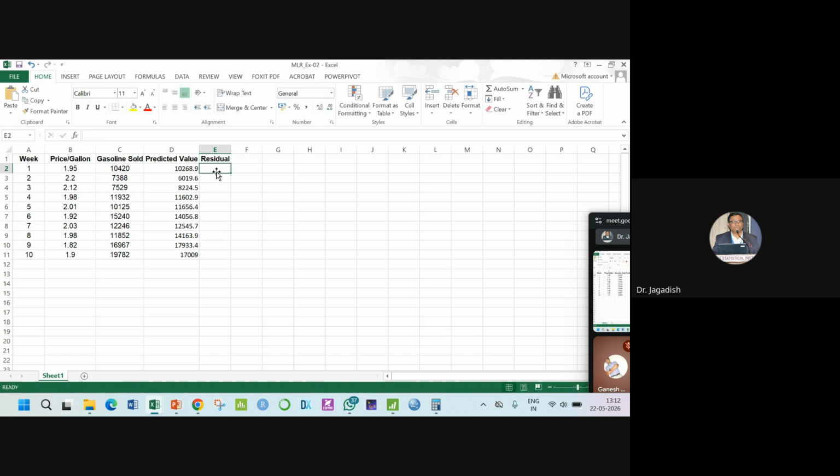Residual means error. Actual minus predicted. So still there is a difference, about 150 liters. I mean the residual is approximately not the same. If I'm keeping 1.95 per gallon the first week, my actual sold was 10,400 liters, but the prediction model says 10,268, isn't it?